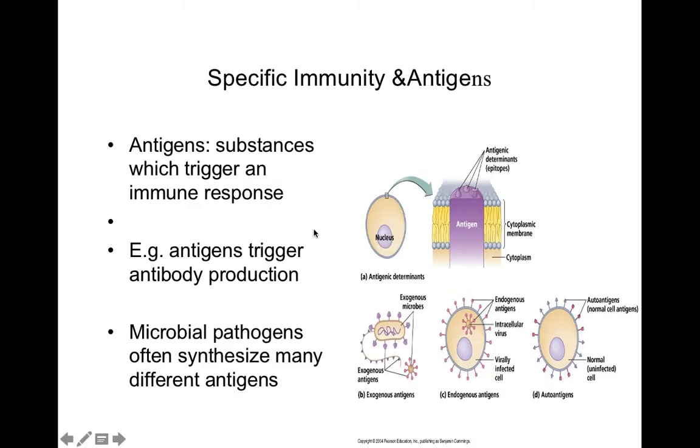All right, folks, so what triggers specific adaptive immunity? So anything that triggers a specific adaptive immune response is called an antigen. Now, antigen should be non-self, meaning a substance that your body makes shouldn't trigger a specific adaptive immune response.